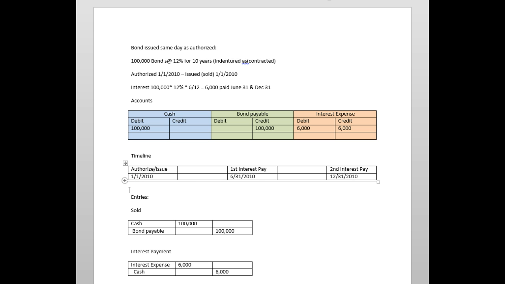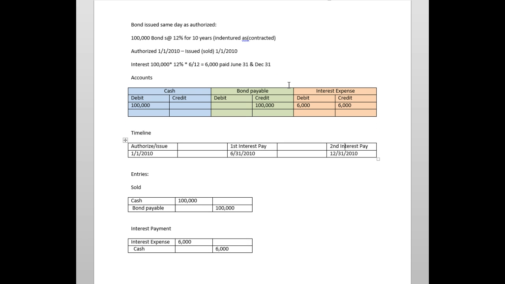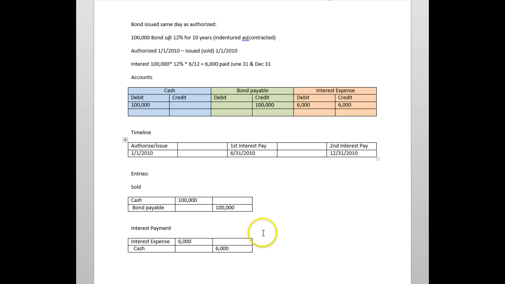So that's kind of the background. So let's look at this. What's going to happen here? Well, if I sell this, I'm going to get $100,000. So I'm going to have a debit to my cash, and a credit to my payable.